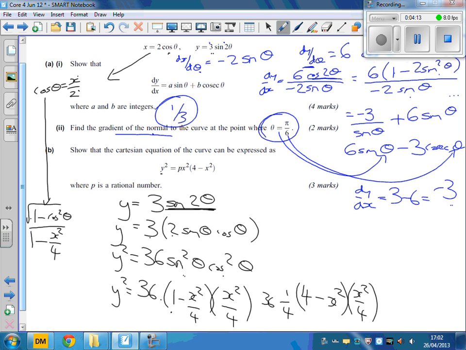So when we finish, we're going to get 36 over 4 and another 4. So I think that's 9 over 4. We've got our 4 minus x squared, and we've got another x squared there. That's just a bit backwards, but it's in the format that we were being asked to get it. Y squared equals that.